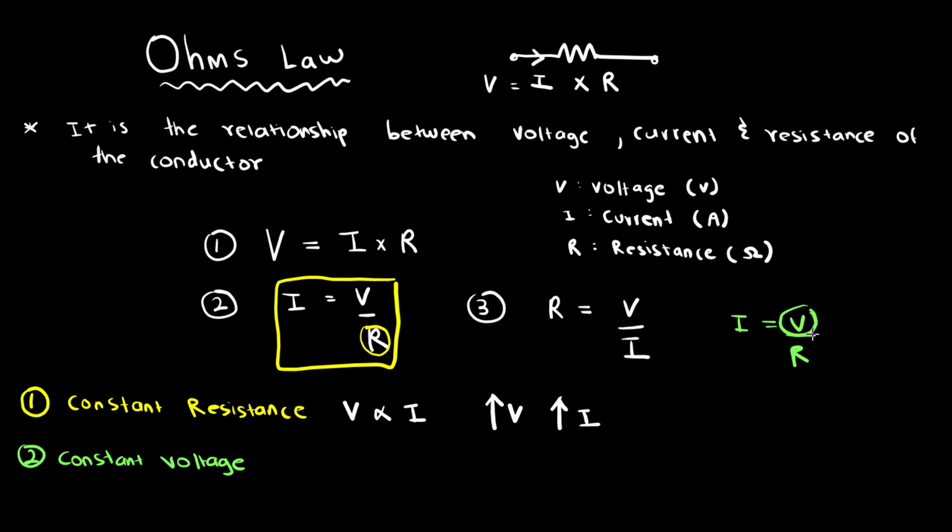When the voltage is constant, you could see that the current and resistance, they are inversely proportional, right? So what that means is when we increase the resistance, the current decreases, right?